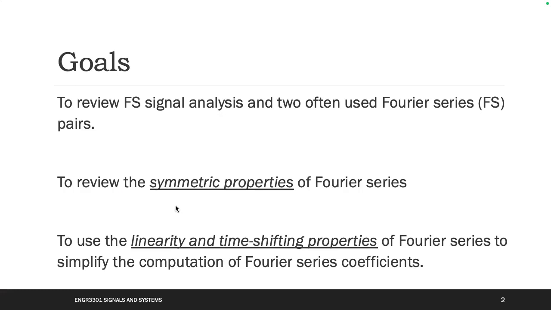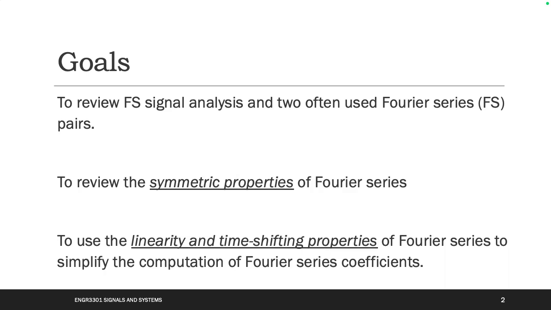First, we will review Fourier series signal analysis and two often used Fourier series pairs. And then we will review the symmetric properties of Fourier series. Actually, last Friday we talked about symmetric properties.